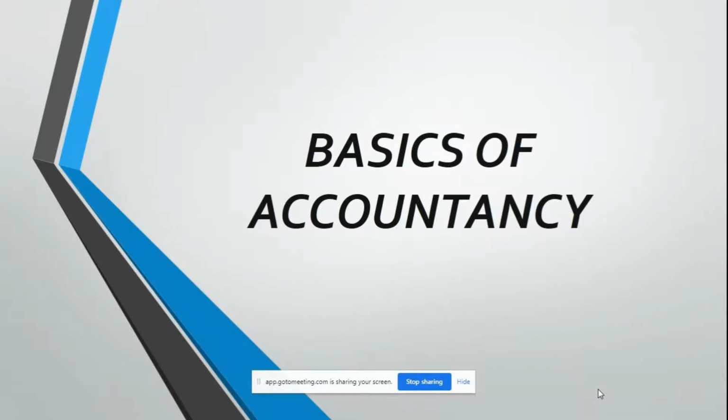But what kind of accountancy basics? We would have covered so many areas of accounting: financial, cost accounting, management accounting. We have different areas of accounting specialization. But to learn the Tally Prime software, we only require the basics of accountancy.